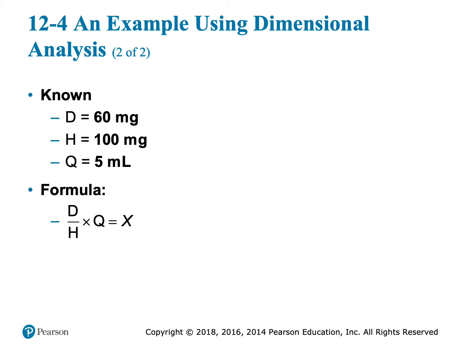So let's set up one of these problems using dimensional analysis. Now, the way that we would do that is first we are going to place the unknown on one side of the equation. And what we don't know is mLs. That's what we're looking for. How many mLs of medication are we going to give this patient, right? Okay, so that is going to equal our unit of measure over the dosage strength.